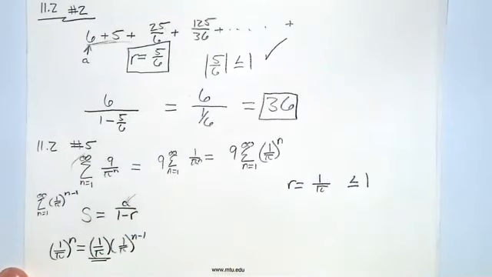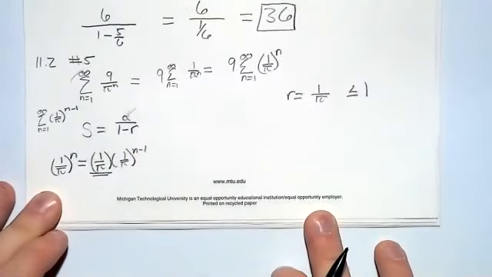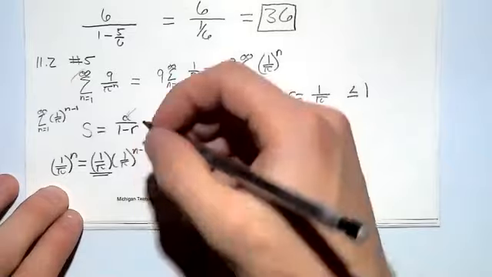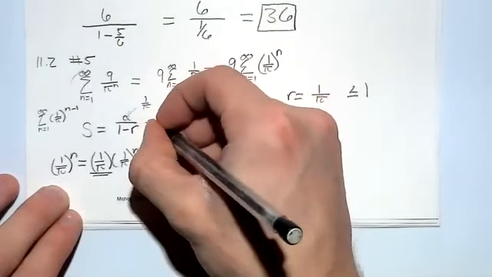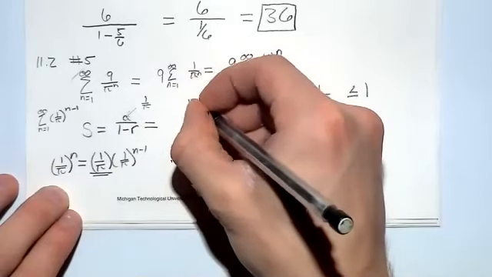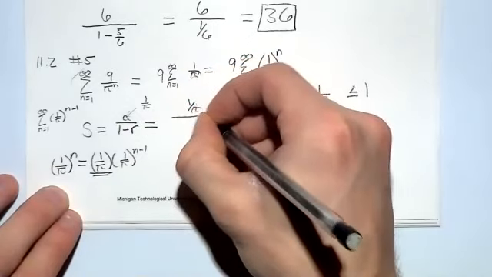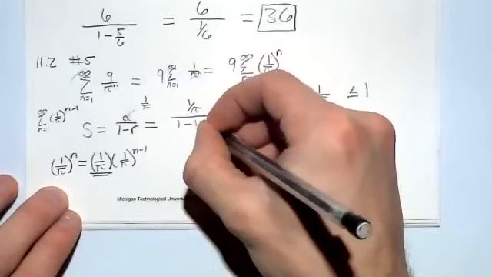And that's going to be our first term, that 1 over pi. So a then is going to be 1 over pi. So we have s equals 1 over pi divided by 1 minus 1 over pi.